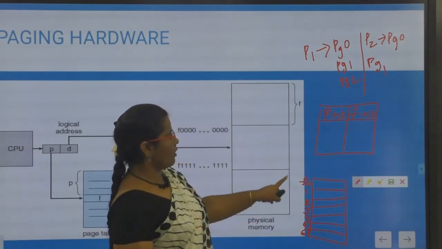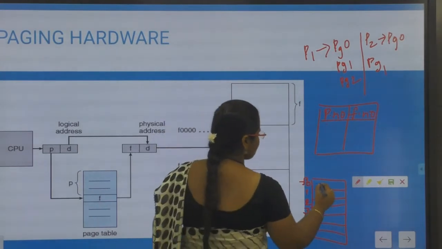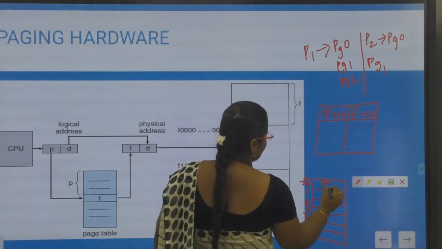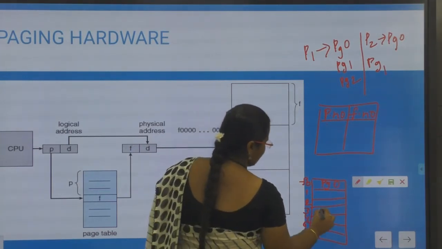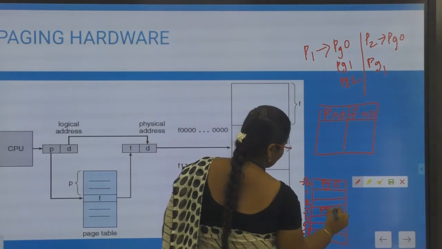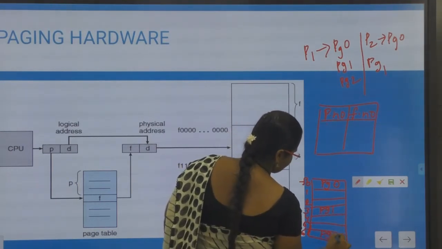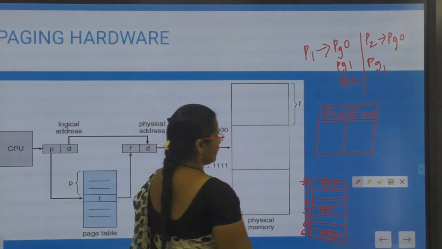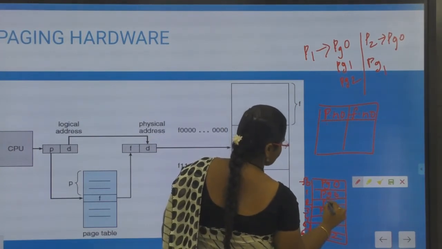Now I need to accommodate these pages into the main memory. Process 1 page 0 is placed in frame 0, process 1 page 1 is placed in frame 3, and process 1 page 2 is placed in frame 6, let us assume.